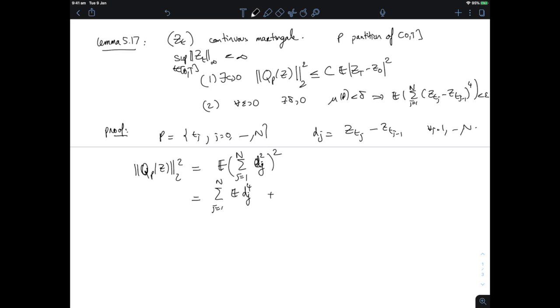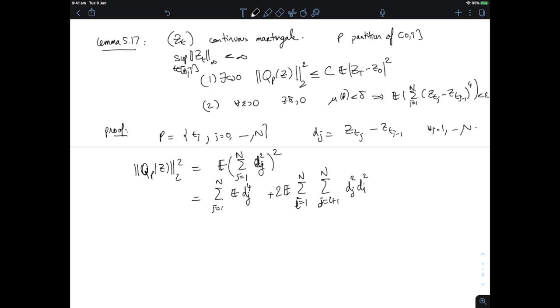And then we have another term, which is the sum, let's call that i, and let's call that j, running from i plus 1 to n, of d_j squared d_i squared. Take an expectation of that. This is the sum where i is not equal to j and j is bigger than i. You've got the same sum with the roles of i and j reversed, so you get this thing twice.